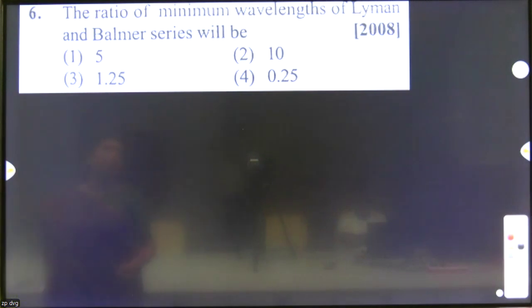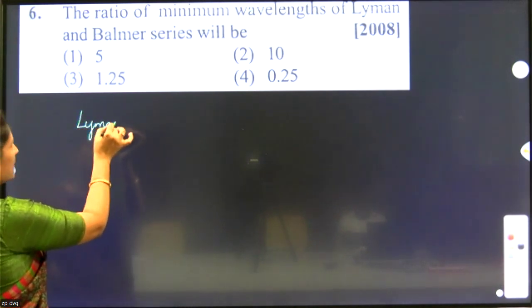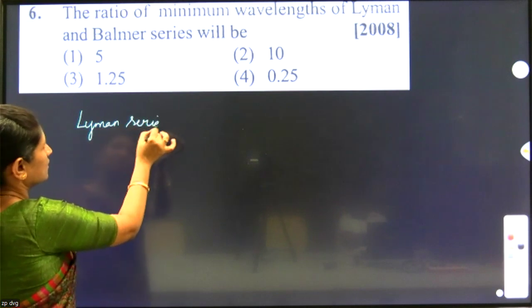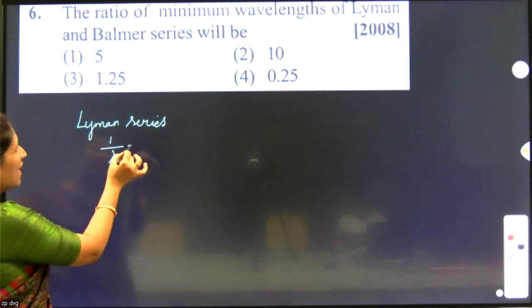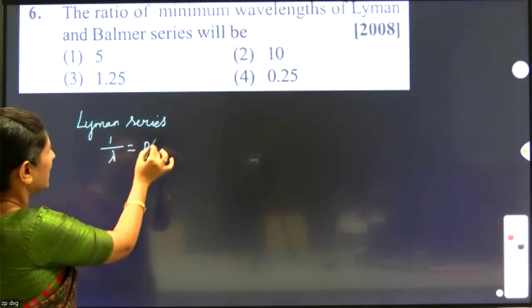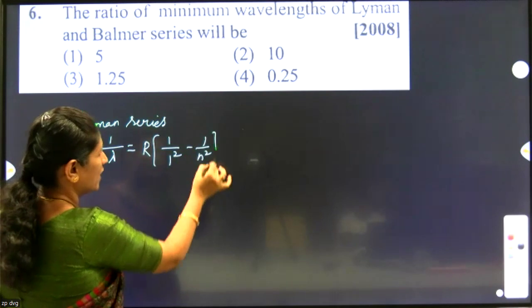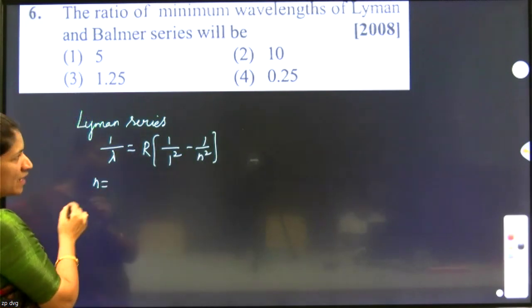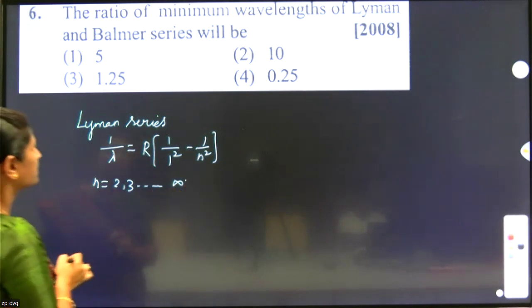The ratio of minimum wavelengths of Lyman and Balmer series will be? We know that for Lyman series, Rydberg's formula is 1/λ = R(1/1² − 1/n²), where n = 2, 3, etc. up to infinity.